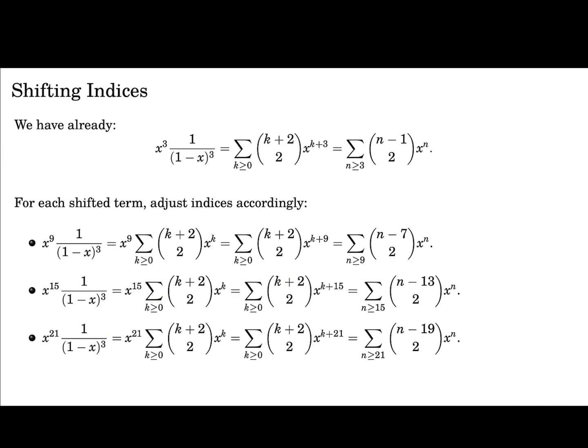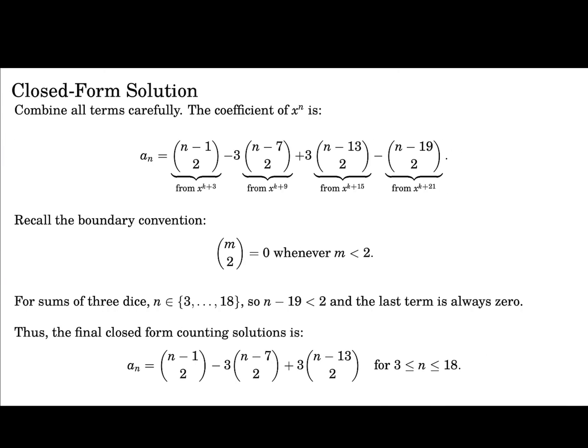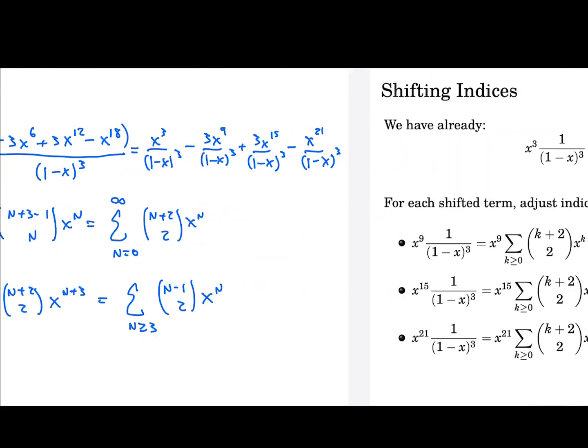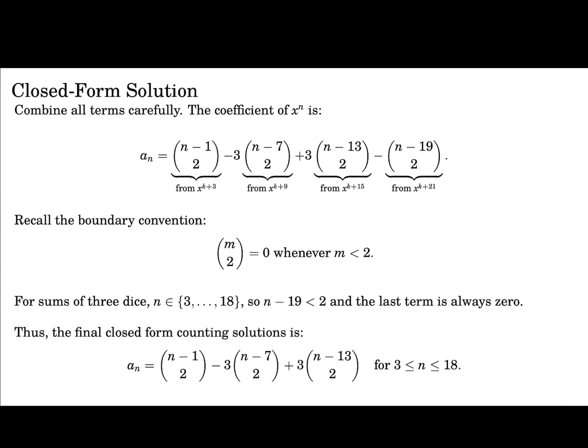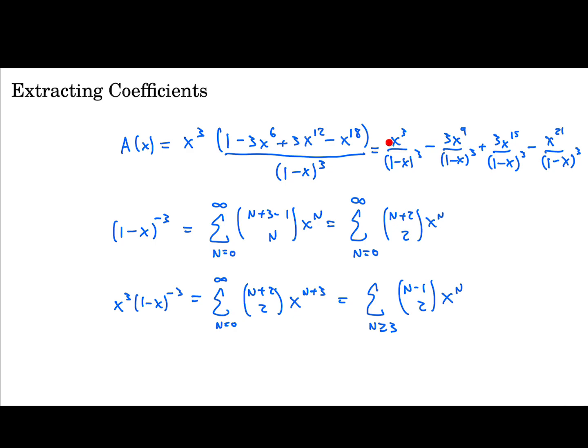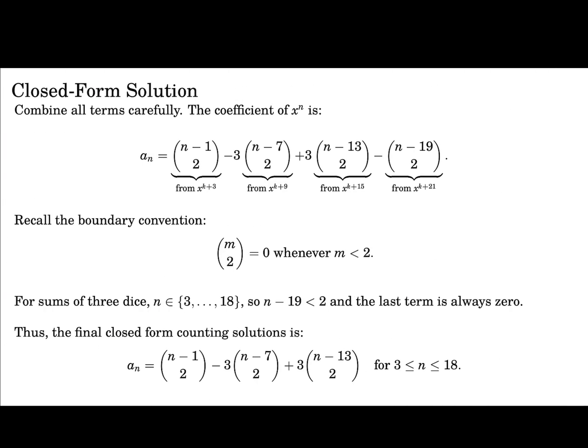And so these give you the expressions that you need to replace for each one of these, still with the constants. When you do the replacement for all of these with the constants, what you'll get is that the term you're interested in, your a_n, is going to be n minus 1 choose 2, and the coefficient appearing was a 1 in front of that. So n minus 1 choose 2 with a 1 in front.